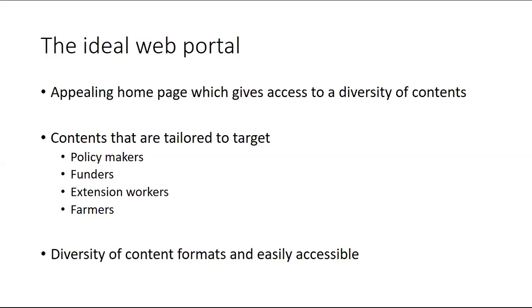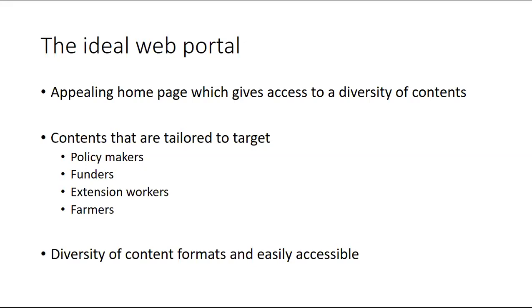The second aspect is that the contents should be tailored to target different stakeholder groups. For instance, when a policymaker lands on your website, he or she must see something that will interest them on the first homepage. Same thing with the funders, the extension workers and the farmers.